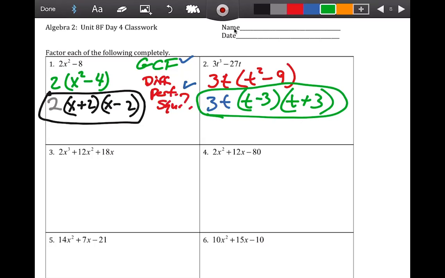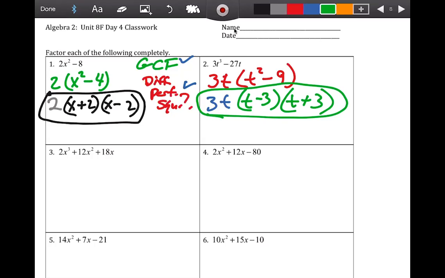Cool beans. All right. So 1 and 2 is one type of question. Anybody have any discussion about 1 and 2? They give you a binomial. First thing you do is see if you can factor out a GCF, or is it a difference of perfect squares? One of them is going to be true.